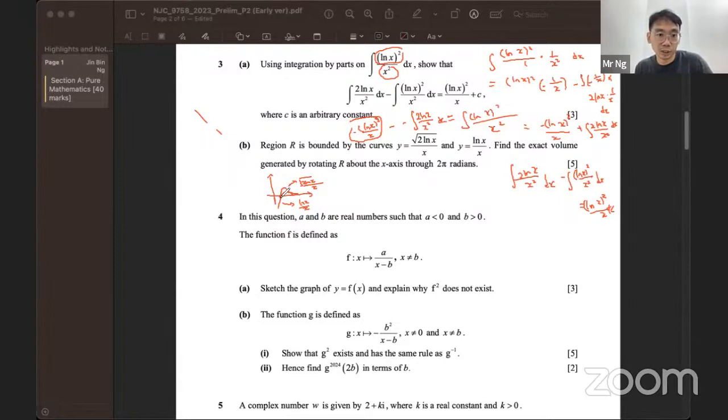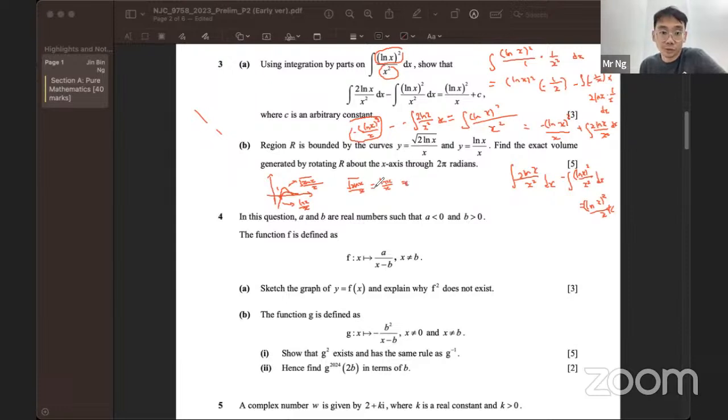So here is 1. Then after that, need to find the other intersection, because they need the exact volume. Okay, equals this thing.